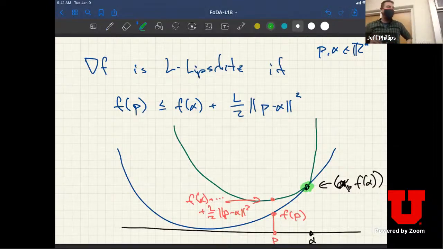If I know that I have this with some value L, then I can guarantee something about the convergence rates. If the choice of my gamma, the learning rate, is below 1 over L, then this will converge at a certain speed. I will get epsilon error after roughly 1 over epsilon steps. I don't necessarily know what L is, but if I have this property, I know it will converge in some nice way.